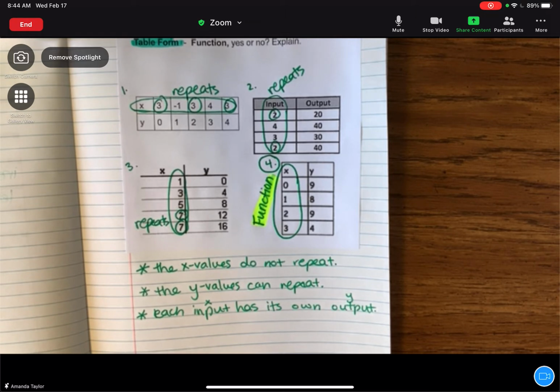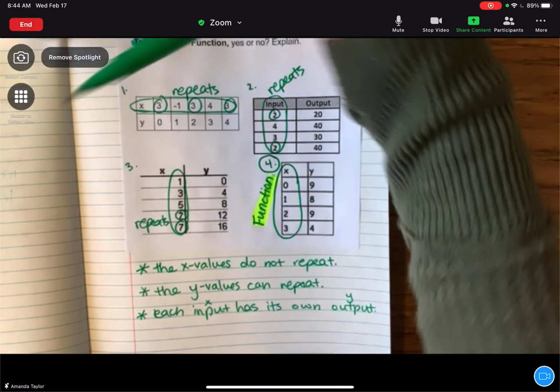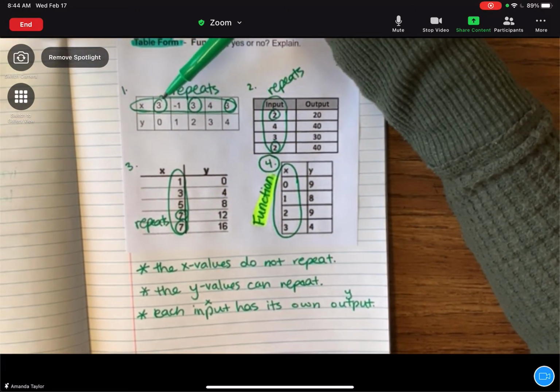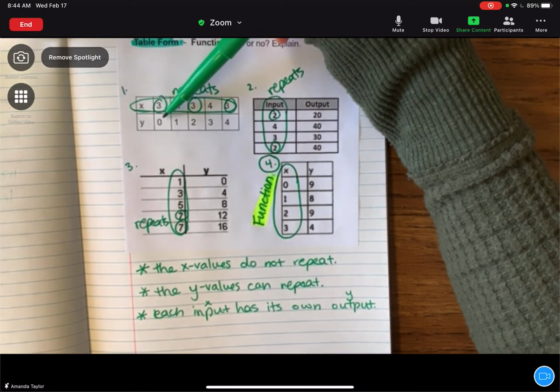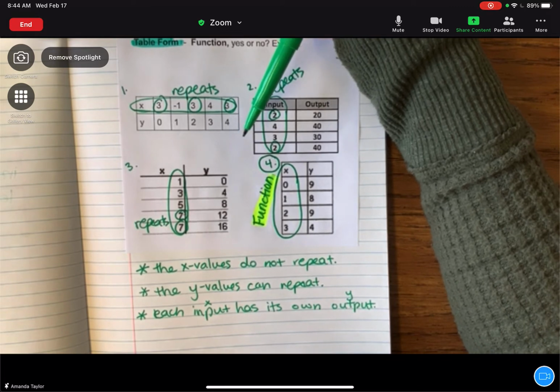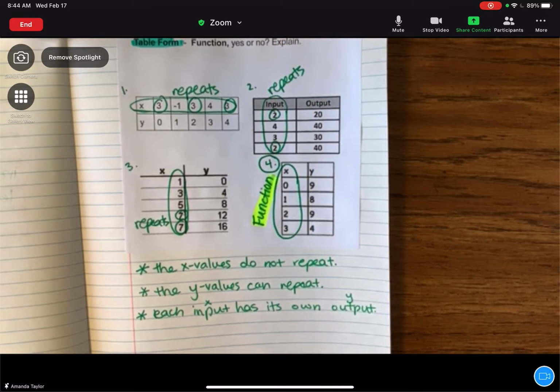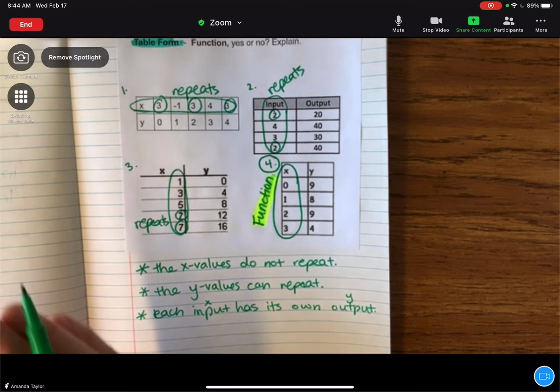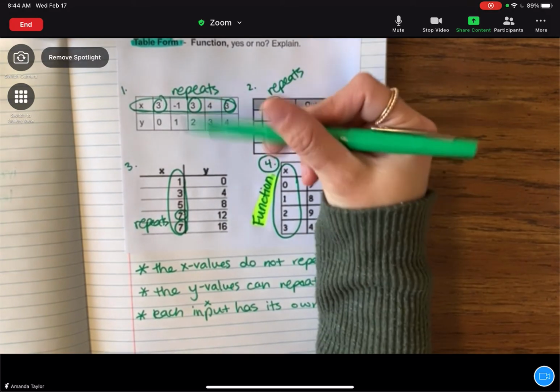Like in the example here, number 1. Each input has its own output. Well, 3 has an output of 0, but it also has an output of 2 and an output of 4. That's not its own, it's sharing its output. It has multiple outputs, it can only have its own. So that's why number 1 is not a function.